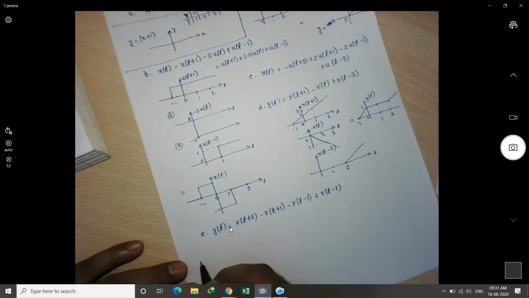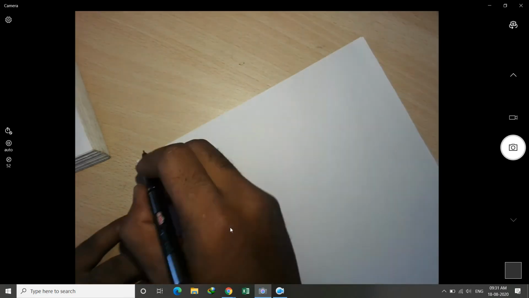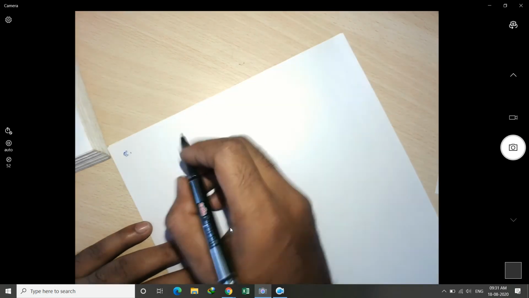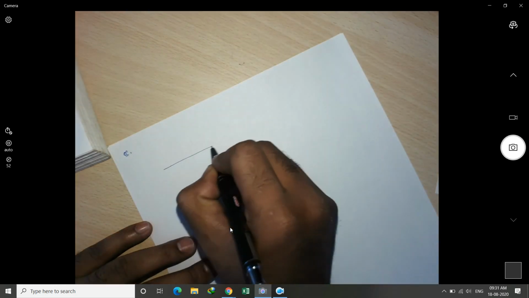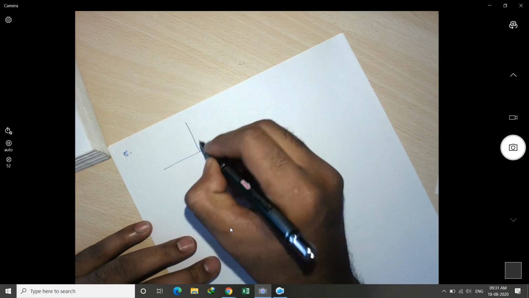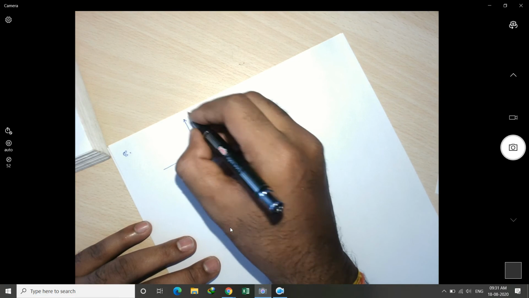Now let me take another page. It is given as x[n], something like that. I am just drawing that x[n].